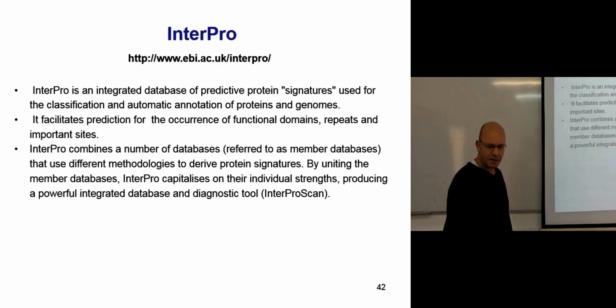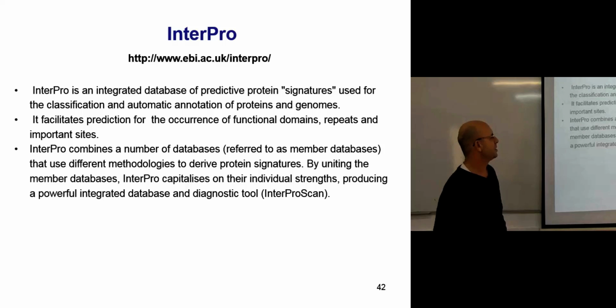The last resource that I want to mention in this regard is one which is called InterPro. And InterPro, according to its name, is actually an integrated database, which includes all the tools that we just described and more. So we try to gather all the tools which collect information about protein families into one place. So you'll be able to get results, when you come with a new sequence, based on all these resources.